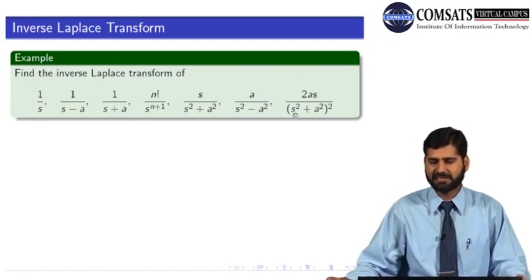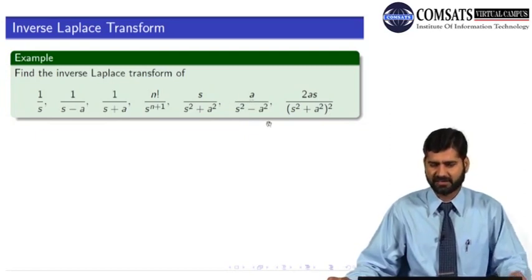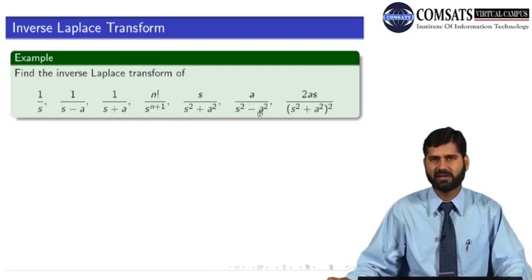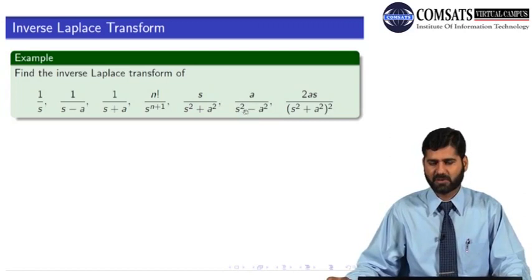But I guess it is (s square plus a square) square, so it looks like it is the derivative of something like this, a over (s square plus a square). This is the transform of sine hyperbolic. But if you take the Laplace of sine, it is a over (s square plus a square). If you take the derivative of a over (s square plus a square), it is exactly this one.